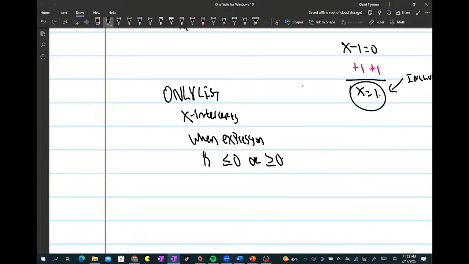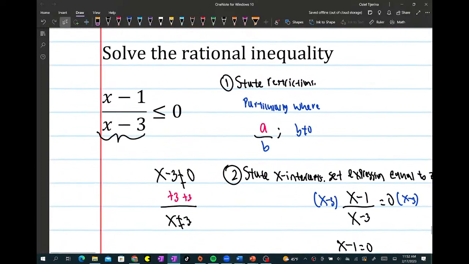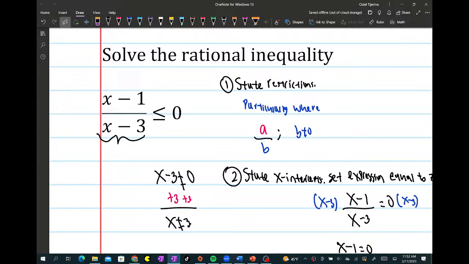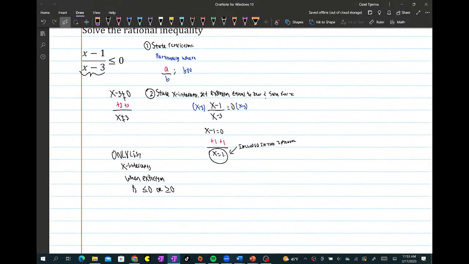Do not list them when it's less than or greater than 0, because you don't really need that in that case. And we're going to go over one, I'm going to do the same problem, but I'm going to show you guys exactly what I'm talking about.